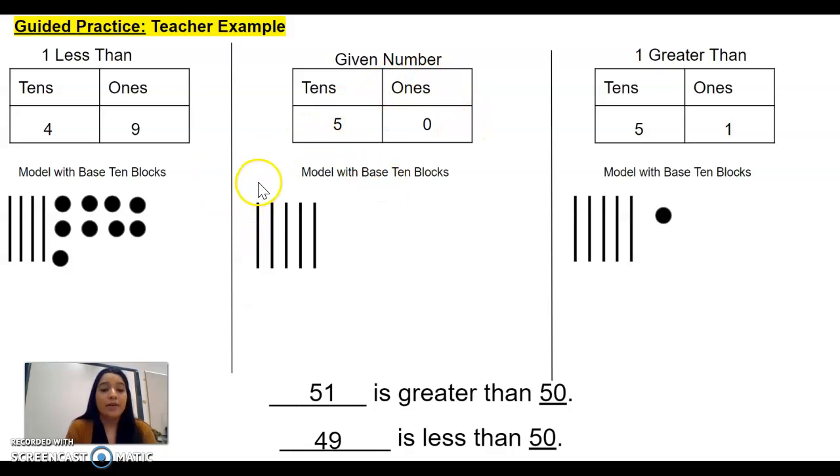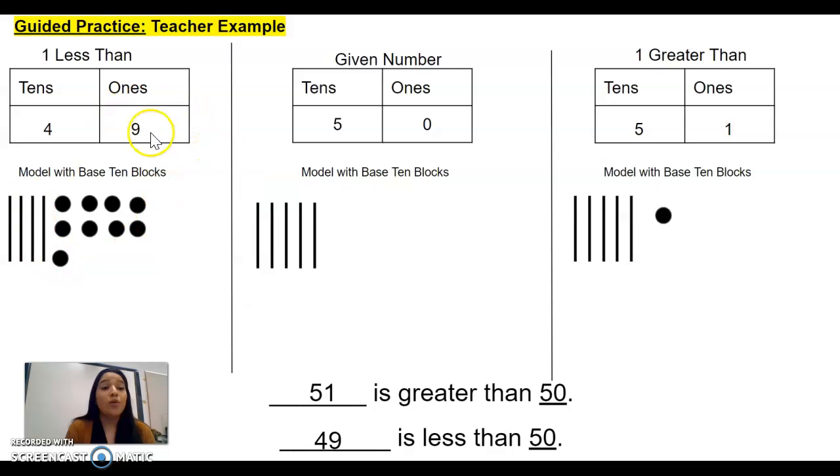And right here we can count our tens. 1, 2, 3, 4, 5. And we had to come up with a number 1 greater and 1 less. So right here in our greater than, we were able to just add 1. So now we have 5 tens and 1 ones.